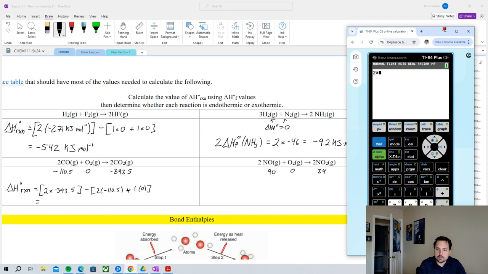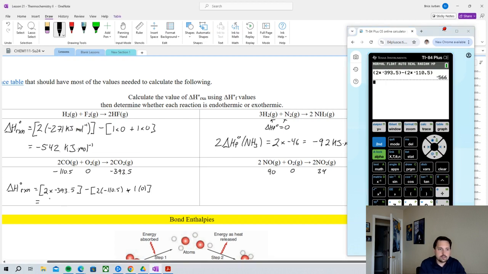All right, so this first one here. And it's best to use parentheses here. It's really common to get a sign error when you're doing this. And the other part's just 0, so negative 566.